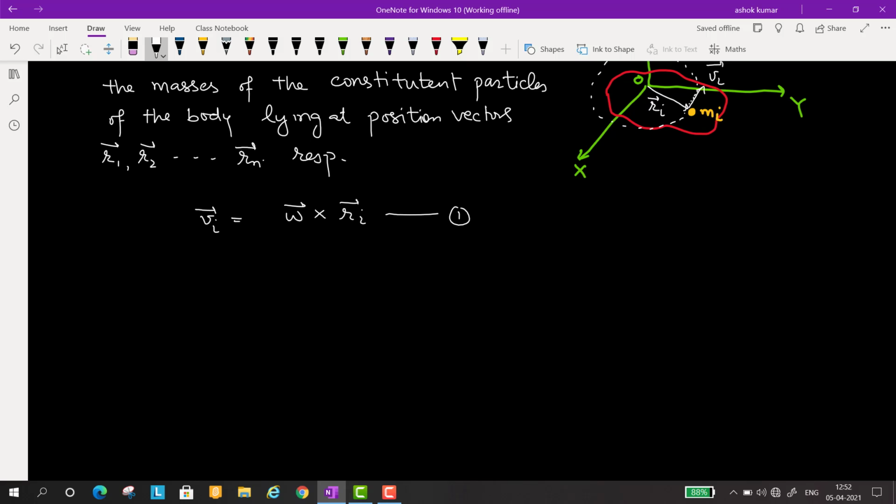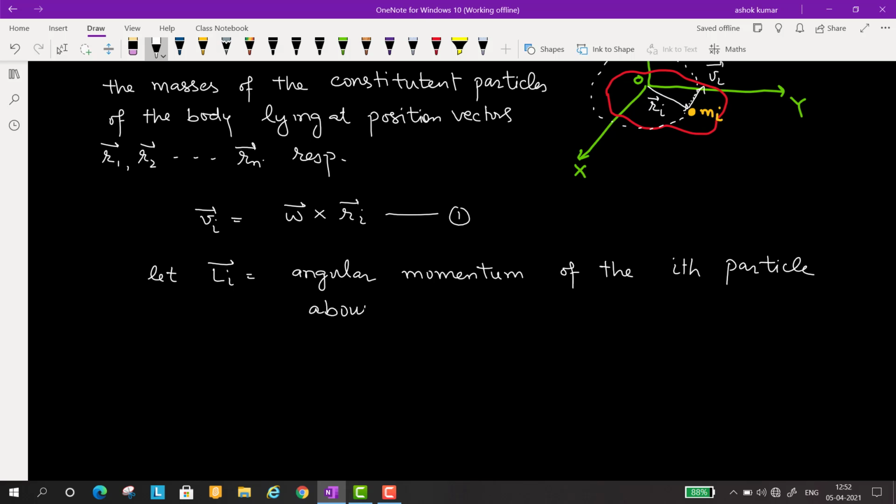So let li vector be the angular momentum of the ith particle about z-axis. Then angular momentum, by definition, is ri cross pi.